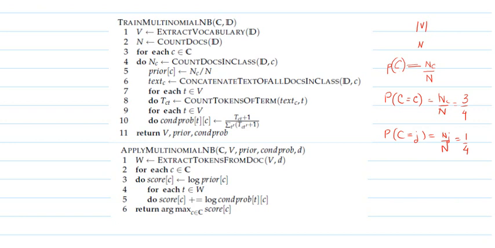So these are the prior probabilities, right? So we calculate the prior for each class. So this statement is calculating the prior.